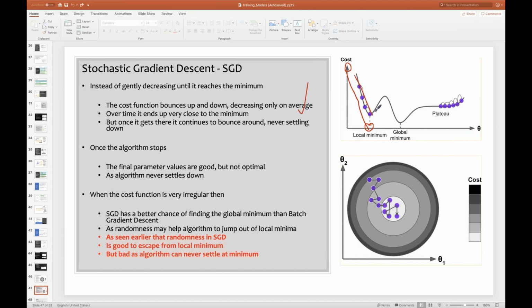Why is it doing this, and do you get any advantage of doing this? Yes, the advantage is decreasing only on average. So over time it ends up very close to the minimum. This is very close.